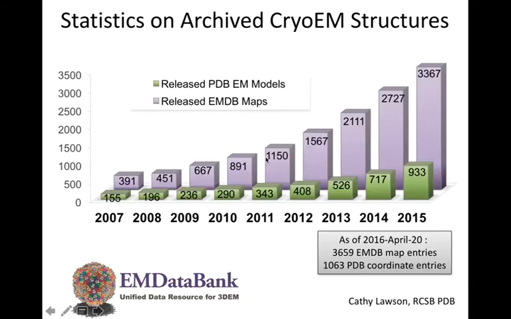In the last 10 years, cryo-electron microscopy has been advancing rapidly in terms of publications and also structure deposits in the Protein Data Bank as well as the Electron Microscope Data Bank. In the last year, we have over 3,000 3D EM density map deposits in EMDB and over 1,000 coordinate or model deposits in the Protein Data Bank.